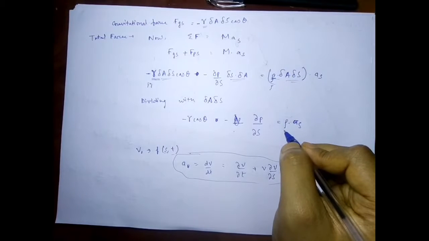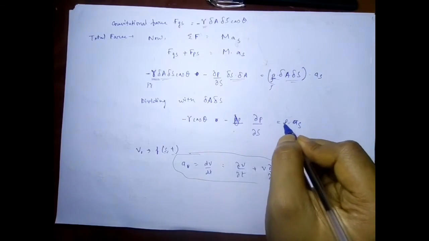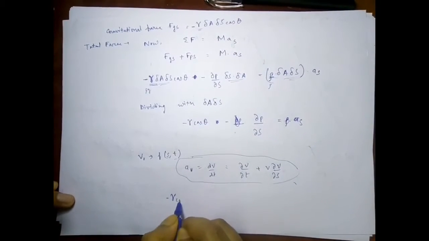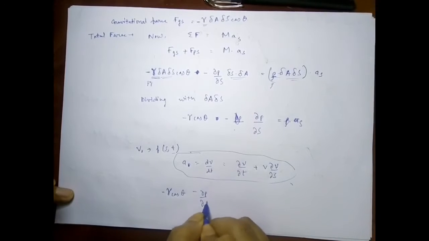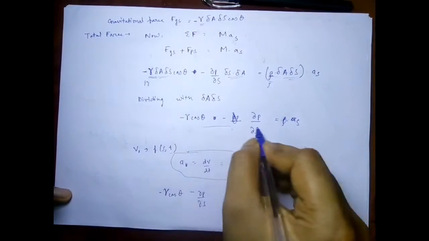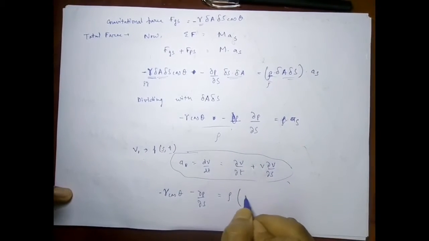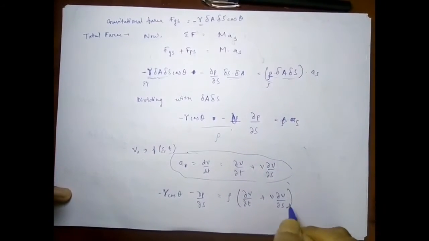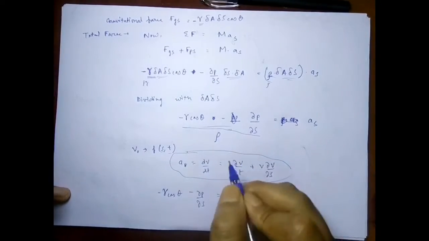Suppose acceleration is this term, and just by dividing it with rho, I will write it like this: gamma cos theta minus del P upon del S is equal to, the rho will be coming here, and again this rho will be getting multiplied to this term on this side, that is del V upon del T plus V del V upon del S. This is equal to AS, and I am dividing the whole equation with the density rho.